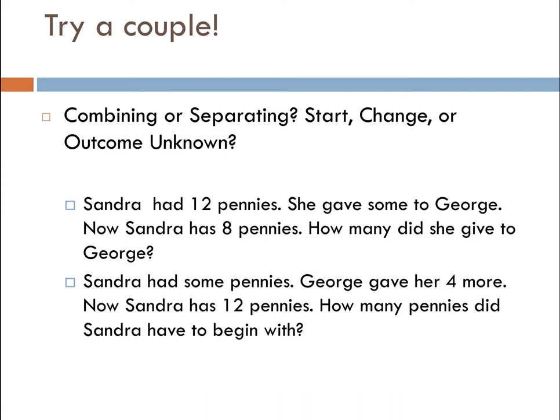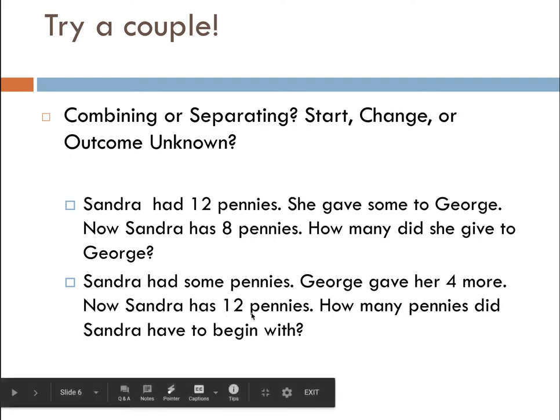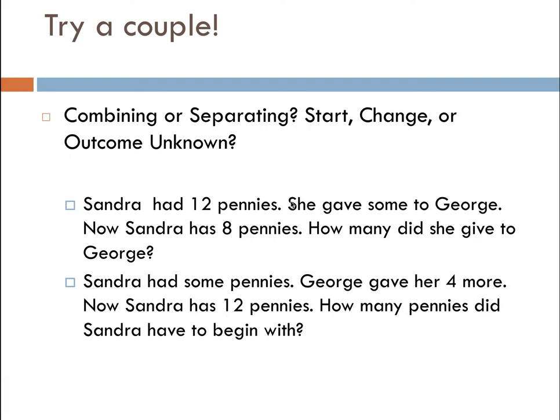You got that? It's again a separating problem, isn't it? Because Sandra, oh no, actually it's a combining problem. So even if it says gave her or gave some to George, it sounds very similar, but this one is, I'm sorry, this is a separating problem, but this is a combining problem.